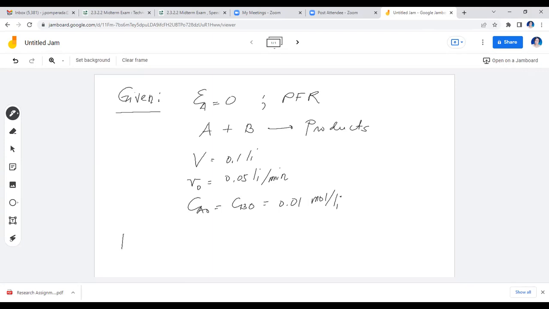Do you have something to add to this, or is this already okay? So far, everything is already placed in there. So in terms of the required, what are the required information that you can give to me? Give me one. Letter A: what fractional conversion of reactants can be expected?